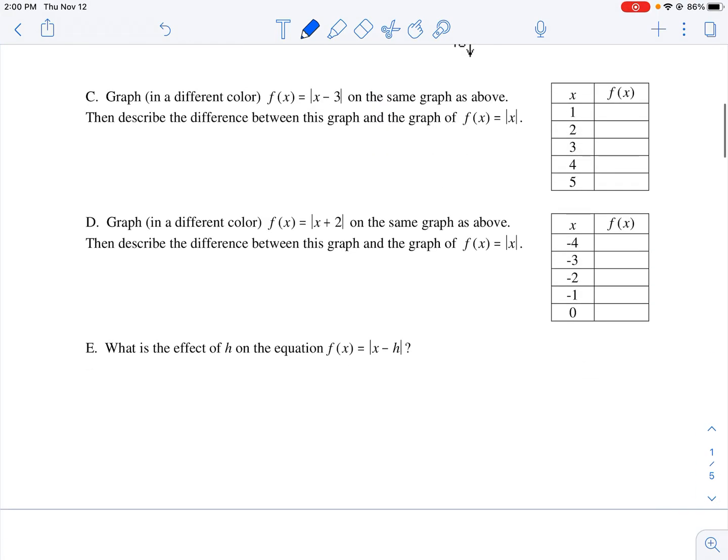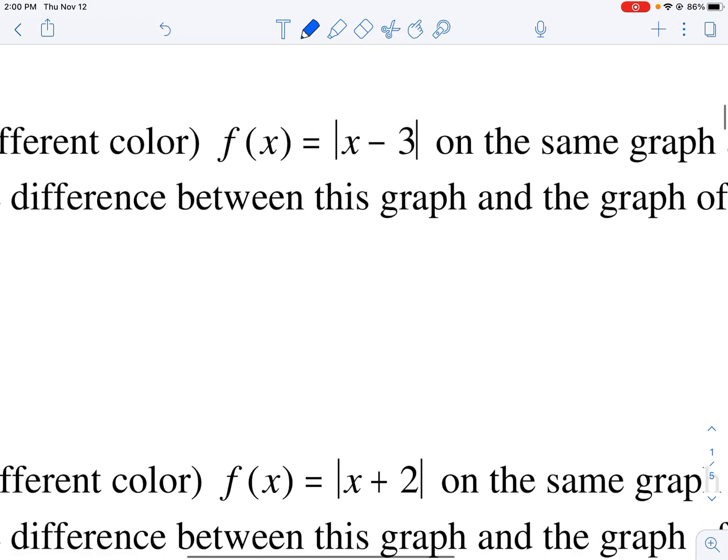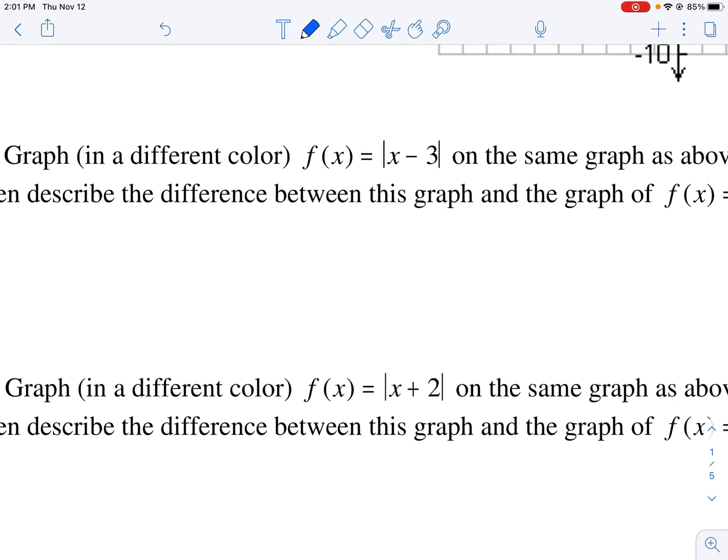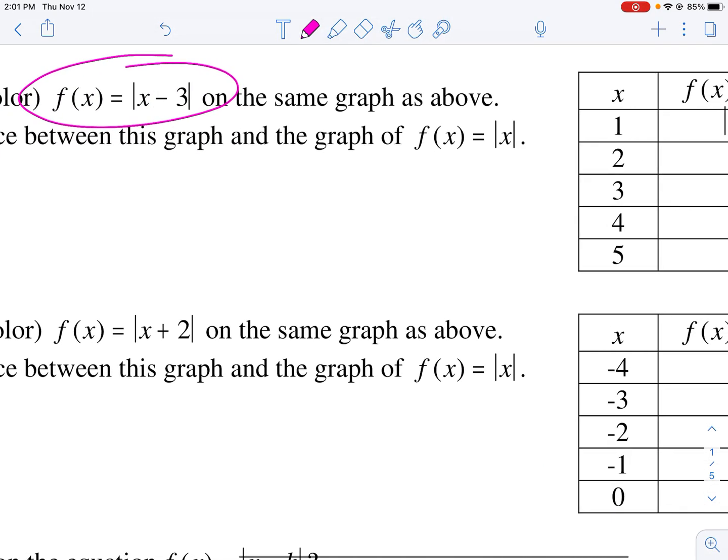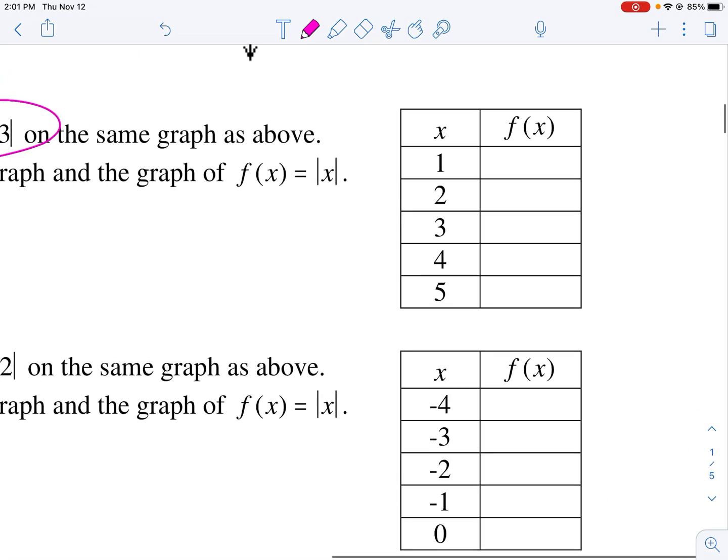On these other parts here, you're supposed to graph different absolute value functions and see what they do to the graph. So let's do one here. Let's make it pink. This one, you're supposed to do x minus 3 and then take the absolute value. So the absolute value of 1 minus 3, absolute value of 2 minus 3, absolute value of 3 minus 3, absolute value of 4 minus 3, absolute value of 5 minus 3.